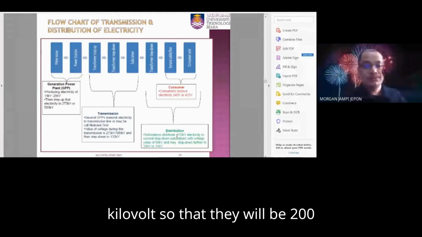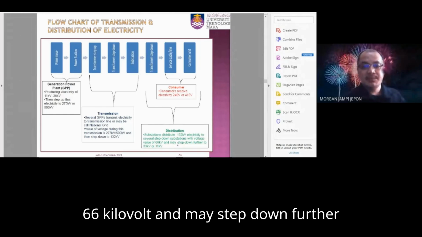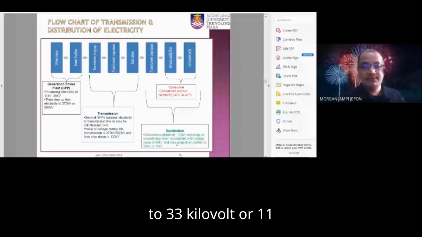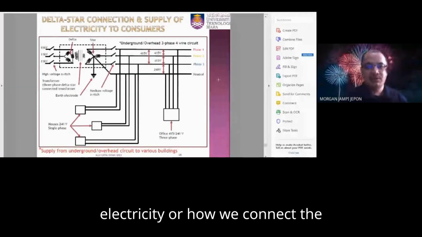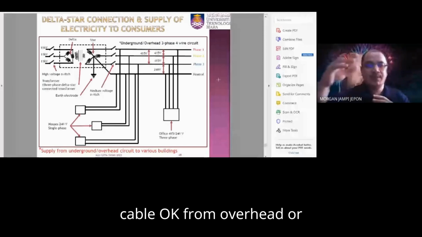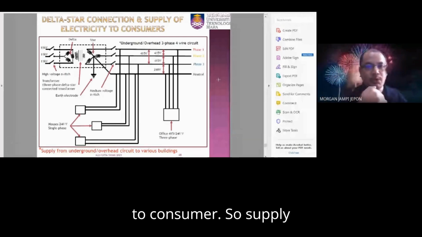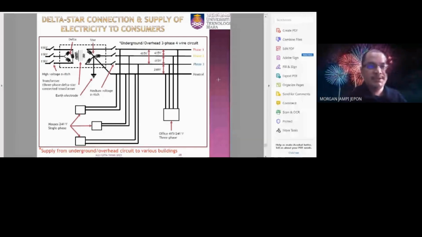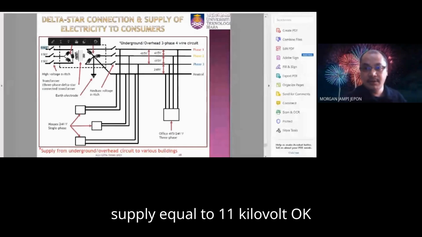Then the distribution substation voltage value is 66 kilovolt, and may step down further to 33 kilovolt or 11 kilovolt. Then step down further to the consumer. So how we supply the electricity, or how we connect the cable, from overhead or underground cable to the consumer. Remember, the lowest supply is equal to 11 kilovolt.